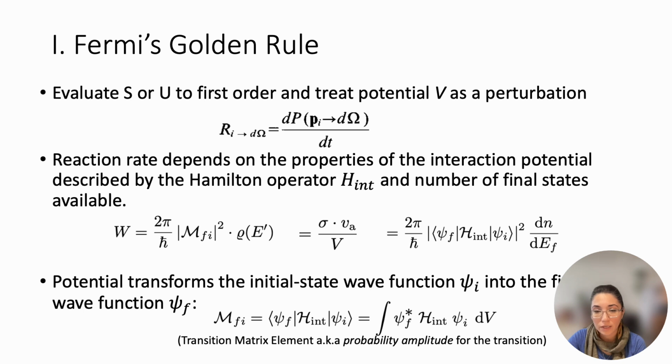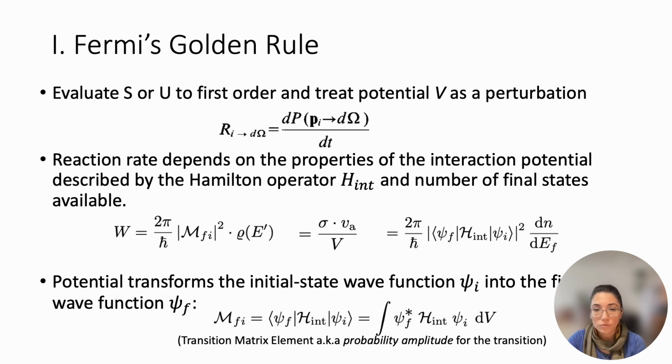M_fi defines the transition matrix element of the perturbing potential, the interaction potential between the initial and final states, and rho of E prime is the density of the final states. And so the potential basically transforms the initial state wave function into the final wave function as described here.